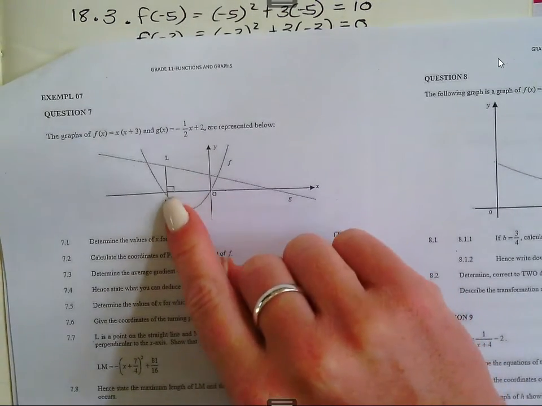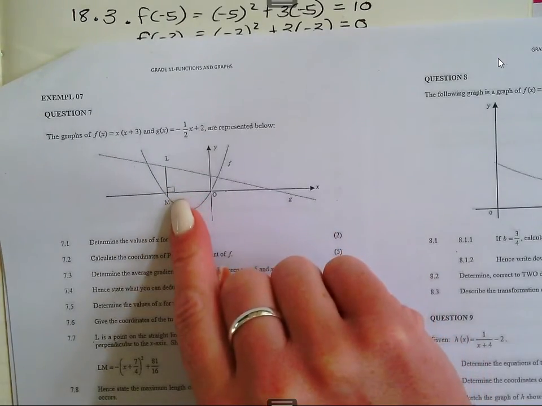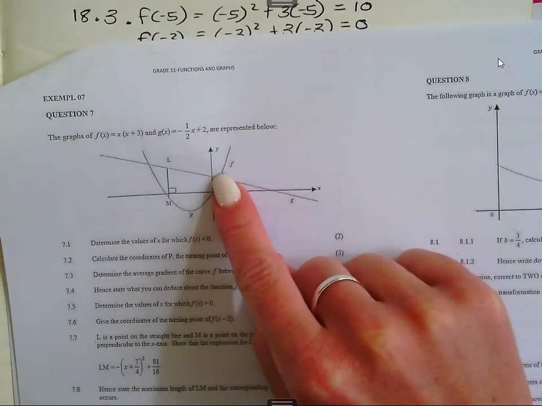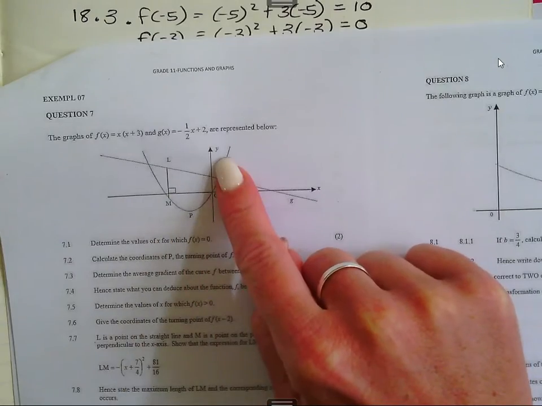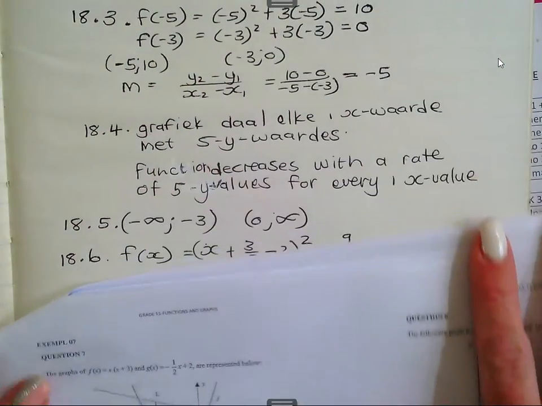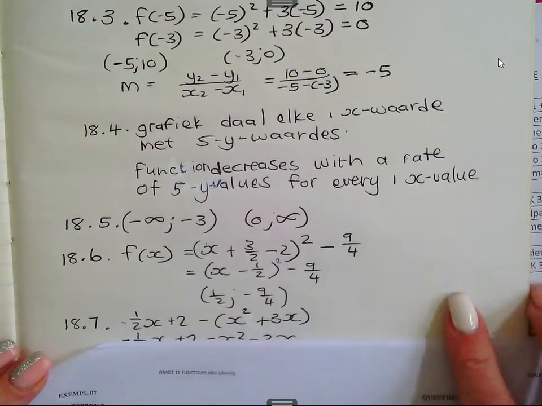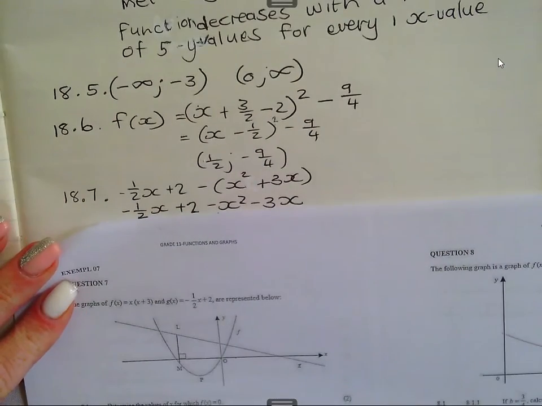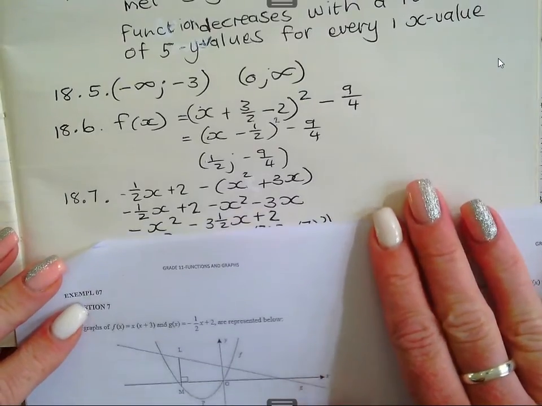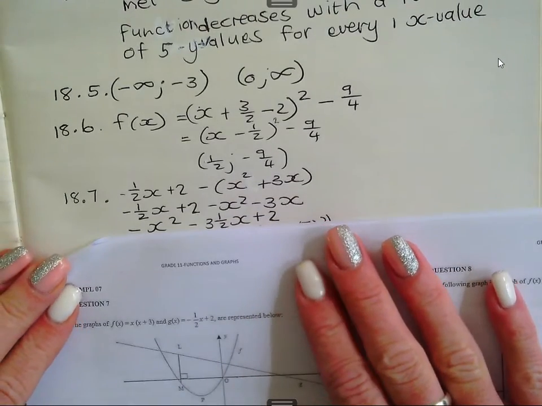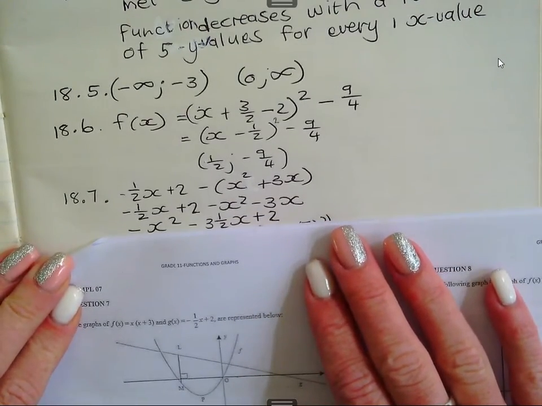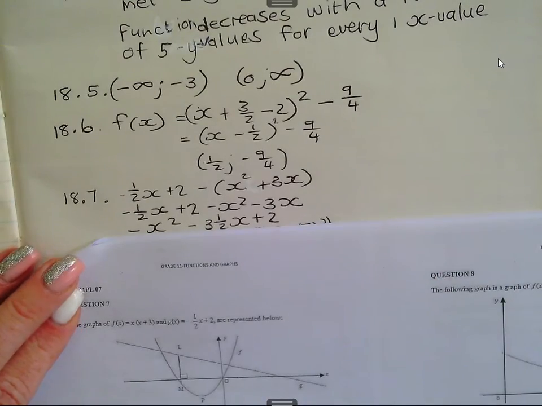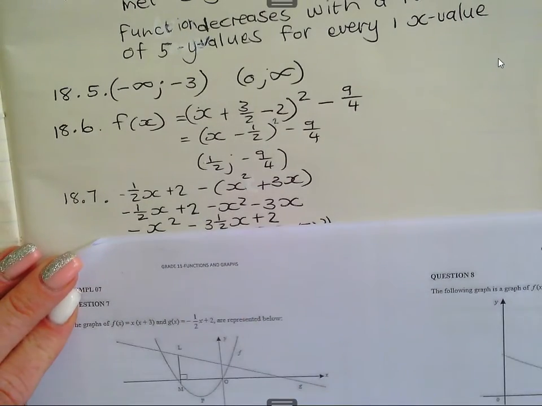So how do we get to the length of LM? We say the straight line minus the quadratic function. So I say straight line, negative a half x plus 2 minus the quadratic. And then I simplified it to get a trinomial. Now they wanted you to show this thing after you've completed the square.